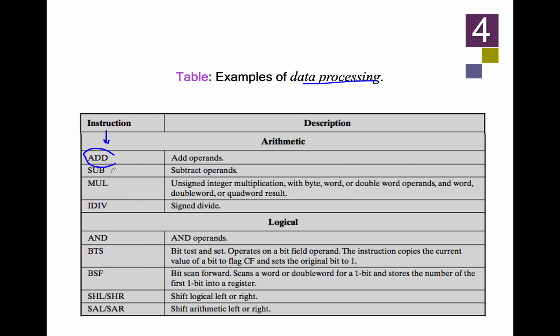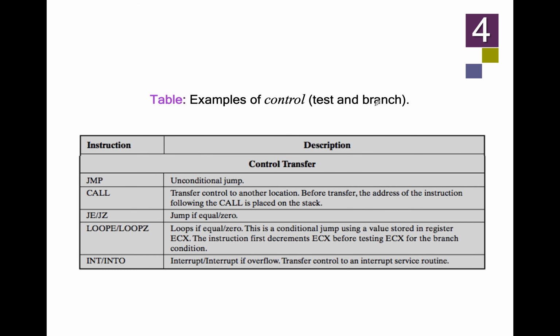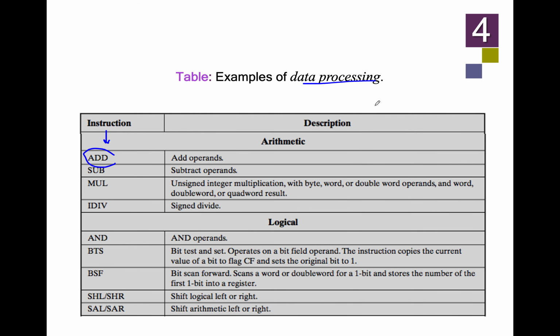I think I have found several, but where is it? I forgot where. Okay, now we look. You can see you have data processing. Under your data processing, you have several instructions like your arithmetic, which is your mathematical operations. You have also your logical. These two are under your data processing.